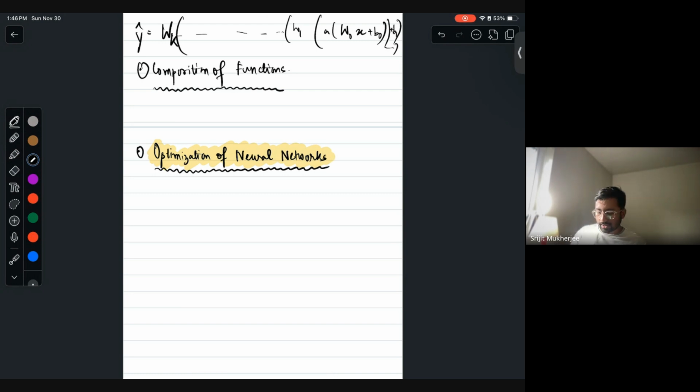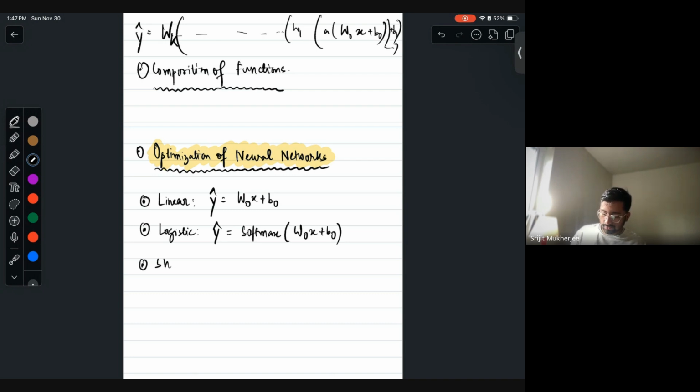Understand, if you remember, to repeat, for linear, Y hat was what? Y hat was this. For logistic, Y hat was softmax of this. Right? Simple.